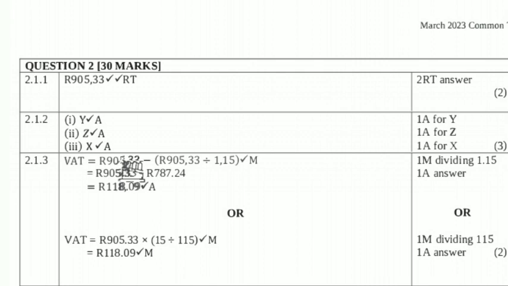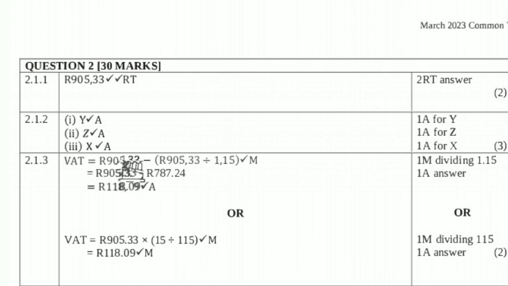You say 905.33 multiply, then you put on brackets 15 divide by 115, then you close the brackets, then you get the straight answer 118.09. So this one is very straightforward. You use the 15%, especially if you're an accounting learner. When you're an accounting learner, maths lit gets easier. But if you study physics, things like that, it's a bit difficult.